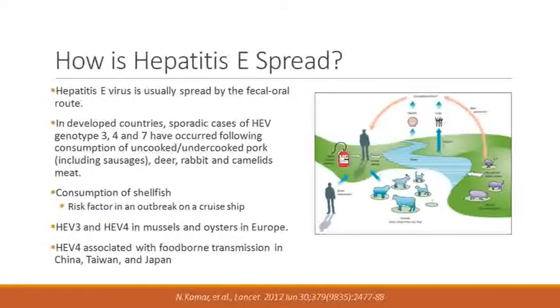HEV genotype 3 and genotype 4 in mussels and oysters were described in Europe, and genotype 4 hepatitis E was associated with foodborne transmission in China, Taiwan, and Japan. So the transmission of hepatitis E through the consumption of meat from animals that are reservoirs in nature has been demonstrated.